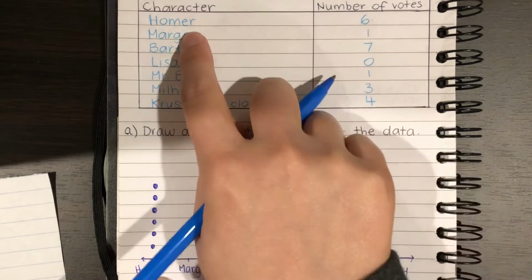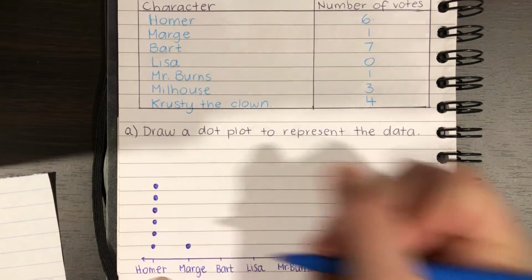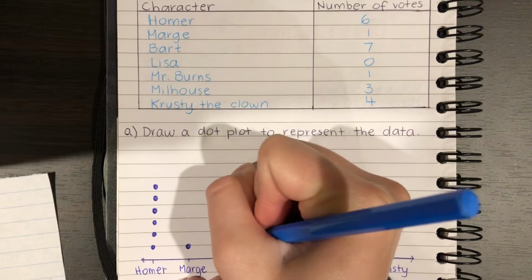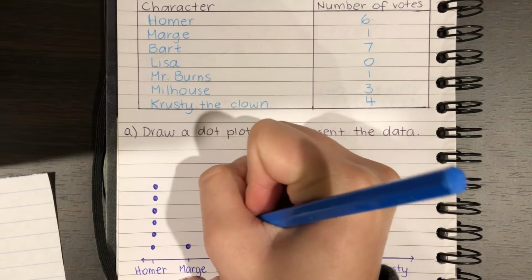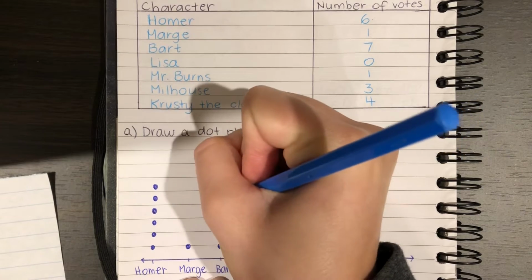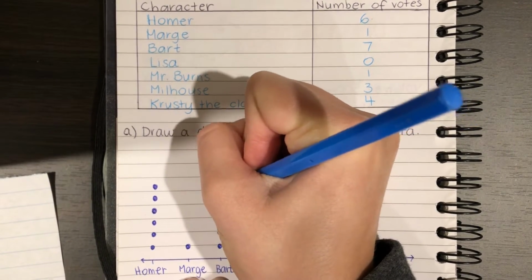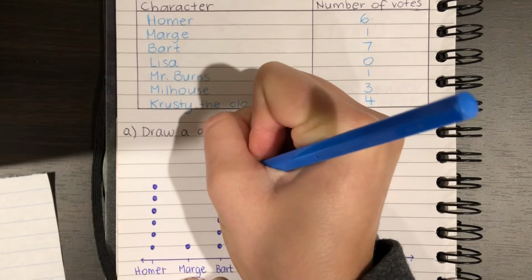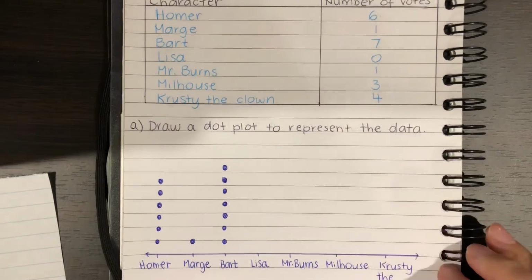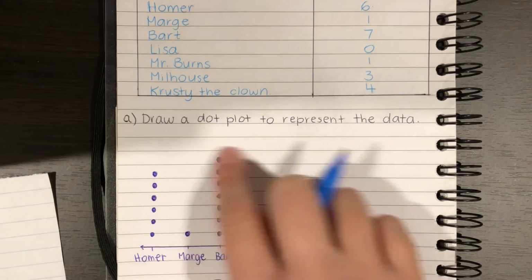One person said Marge. 7 people said Bart. And you want to make sure that when you're drawing your dots, they're even, so they're all the same size.